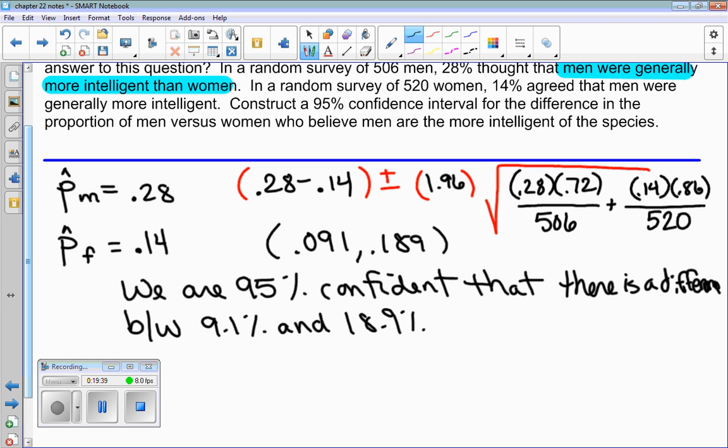What was this? What's the context? That men, say it, Stephanie? Right, that in who thinks men are more intelligent than women. So here's my question. Do more men think it, or do more women think it?